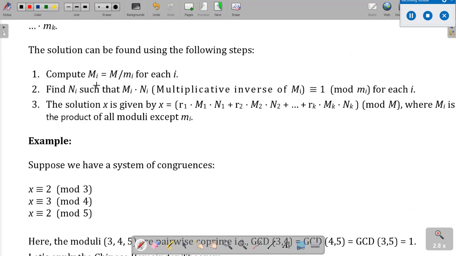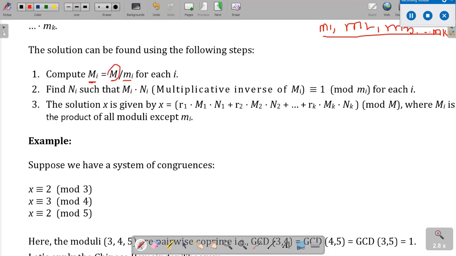First of all, we calculate Mi, and this Mi is nothing but m divided by mi. In the above example, there are a number of congruences in which the dividers are m1, m2, m3. m1, m2 ये मेरे डिवाइडर्स थे, m3 डॉट डॉट डॉट mk तक. यदि ये सारे मेरे डिवाइडर्स हैं तो सबसे पहला काम होता है हमें m को फाइंड आउट करना.